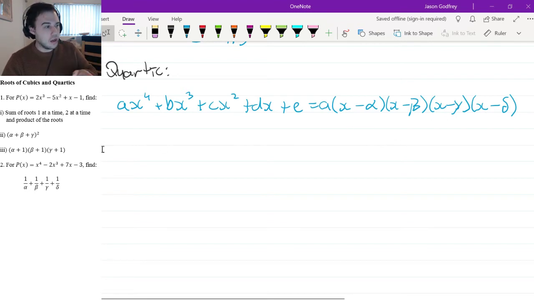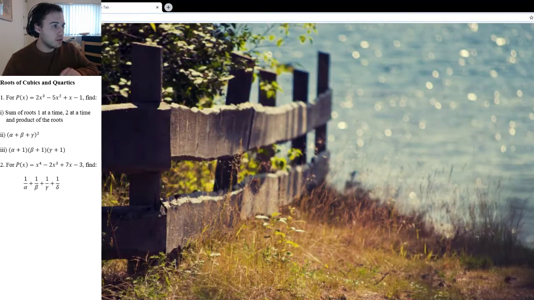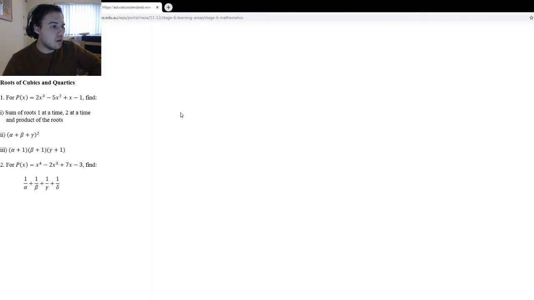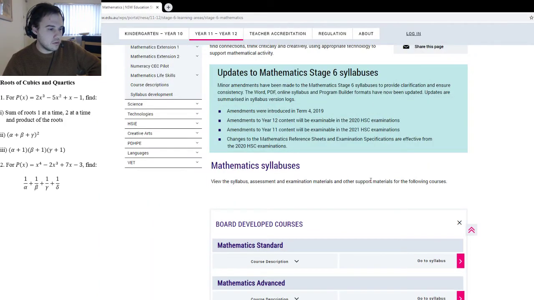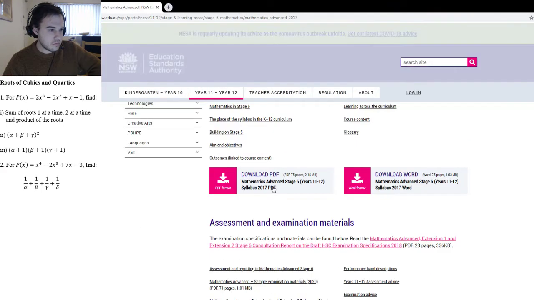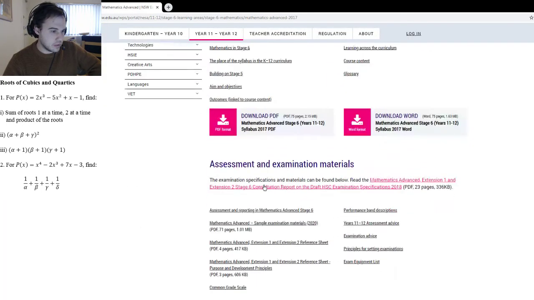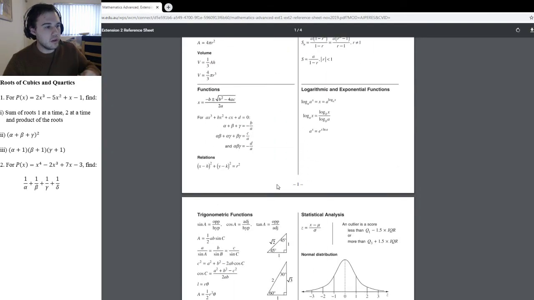So I said this, you don't have to learn these, right? Because, oh sorry, I thought I had this up. You can, the cubic ones are already on your, there you go, formula sheet. Sorry, I just went into advanced because it's the same formula sheet for extension 1.